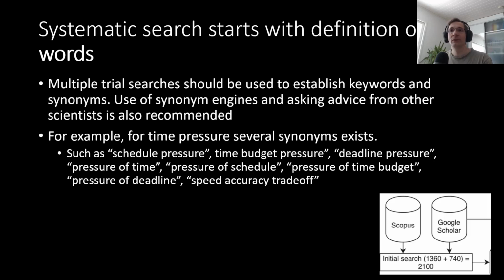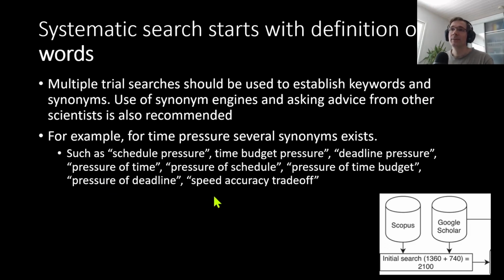For example, for the time pressure paper, we found synonyms such as schedule pressure, time budget pressure, deadline pressure. Then you can also formulate this as pressure of time, pressure of schedule, or pressure of time budget, or pressure of deadline. And finally, there is also a concept of speed accuracy trade-off that can also be used to refer to a situation where time pressure is present.